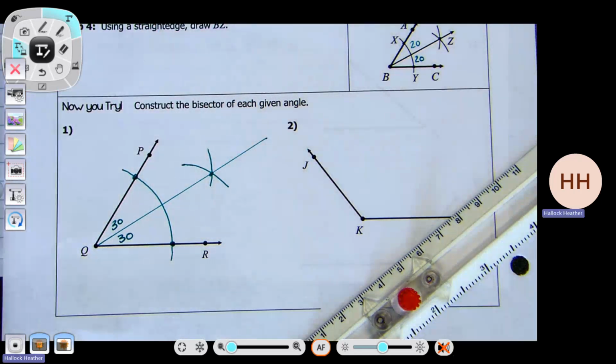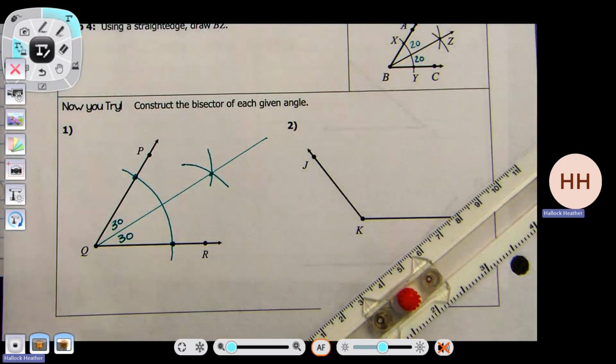So we're going to do the same thing on the obtuse angle. It's going to be a little awkward. Obtuse angles are always awkward, just so you know.